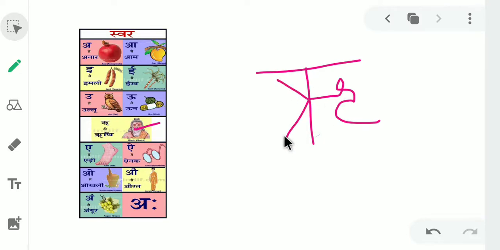Now this is re. If you don't understand how to write it, please repeat it so that you become master in learning Hindi. Okay, so this is re. Now let me clear.